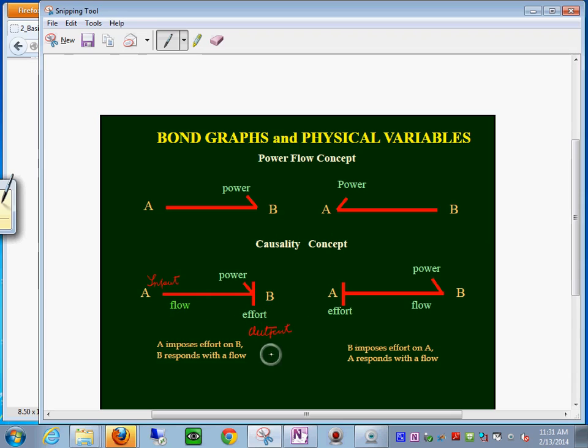Or you could also say this is the cause and effect. So this way we could just say this is the cause, and this is the result, the effect. Or you could have it this way.